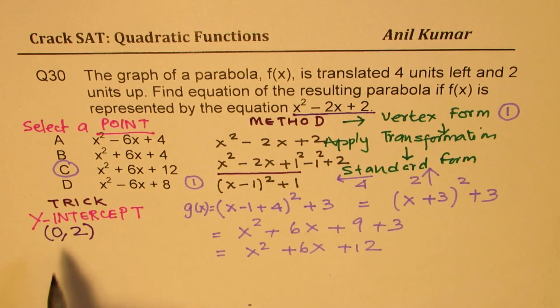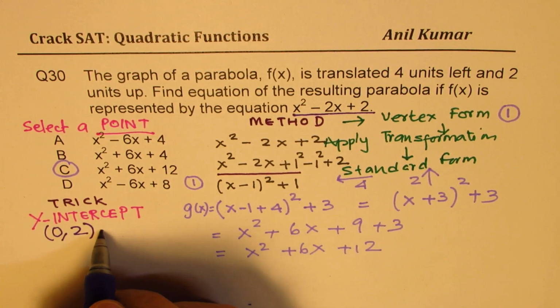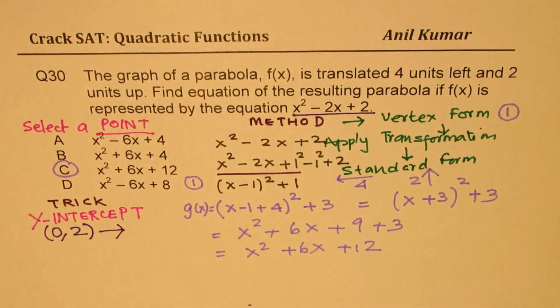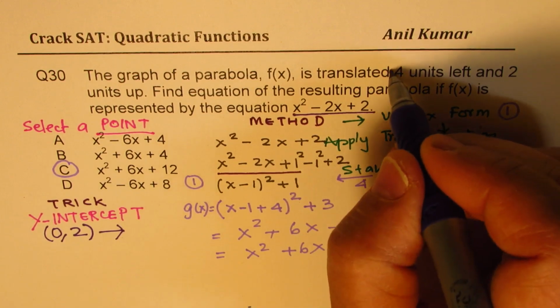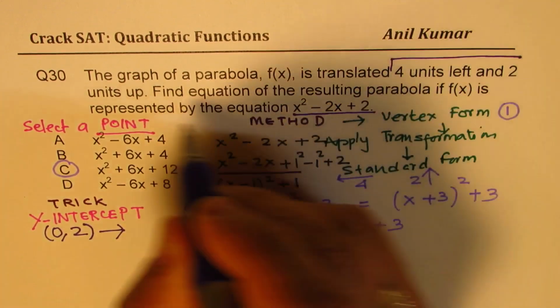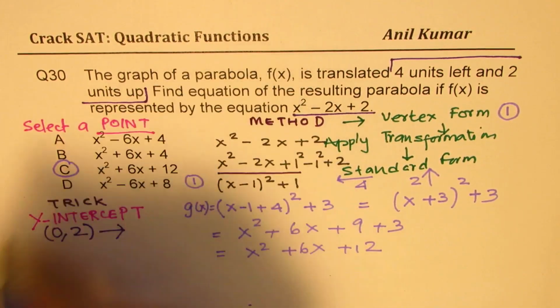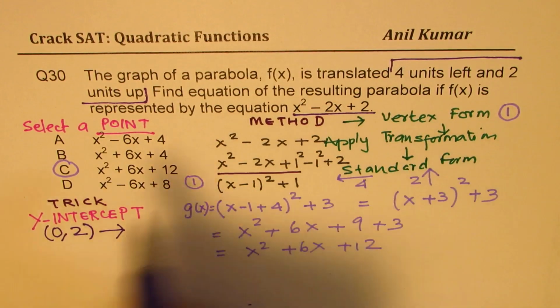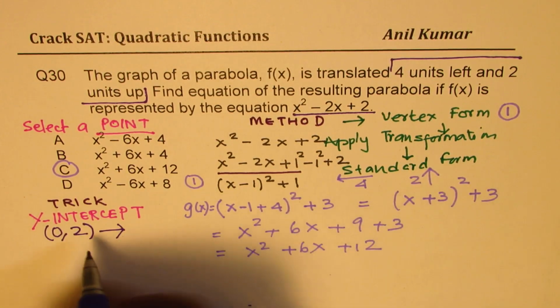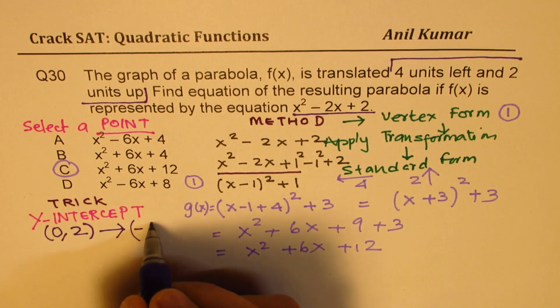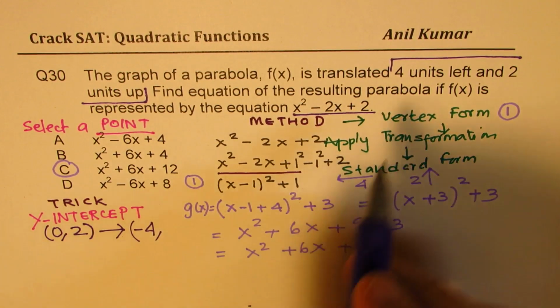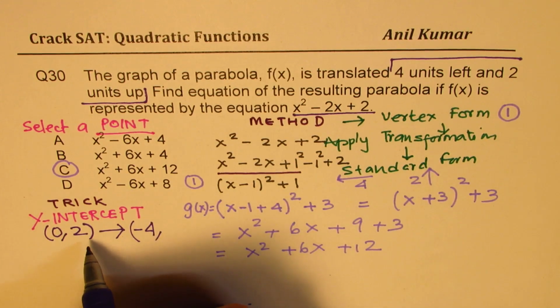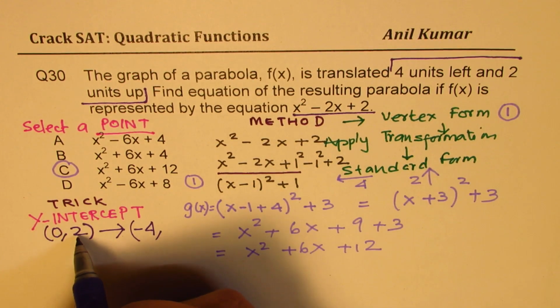So we have a point, correct? Now this point has been transformed, 4 units left and 2 units up. So 4 left will make it minus 4, and 2 units up will add 2 to this, right?